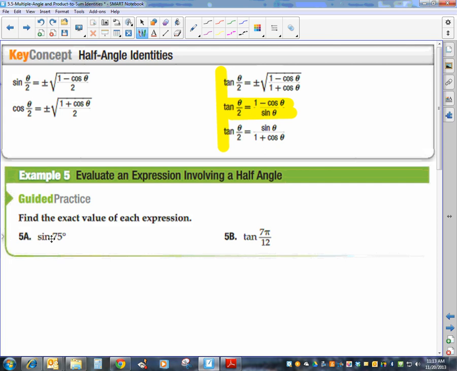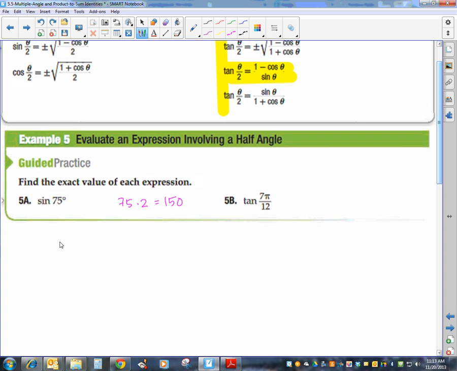So the sine of 75, okay? You can divide it by 2, but also, because we've talked about that earlier, if we multiply it by 2, it actually gives us an angle that we know on our unit circle. So I'm going to rewrite that as the sine of 150 over 2.